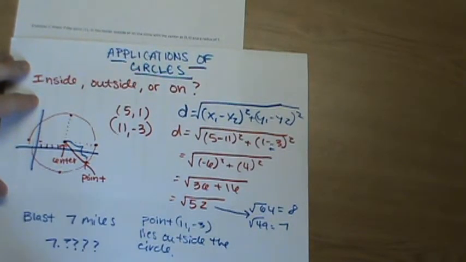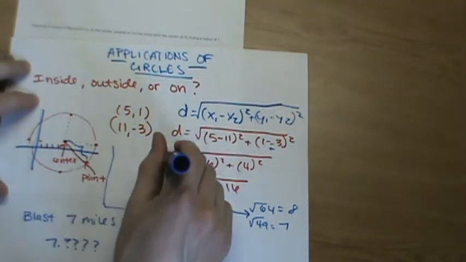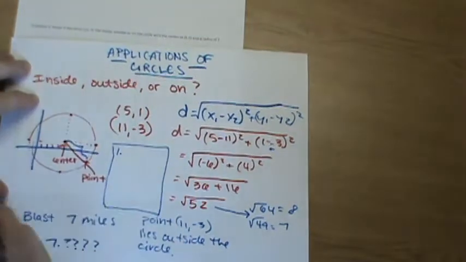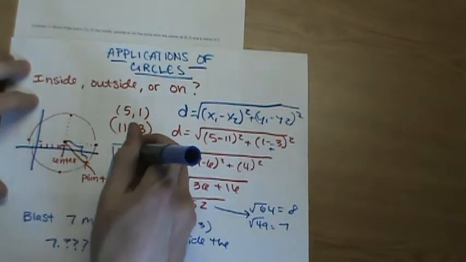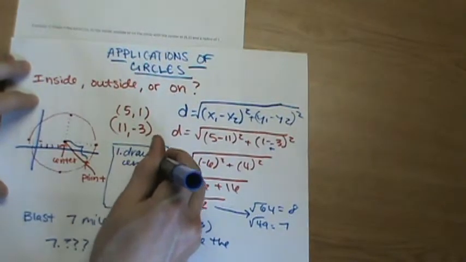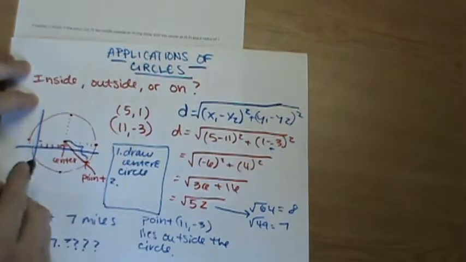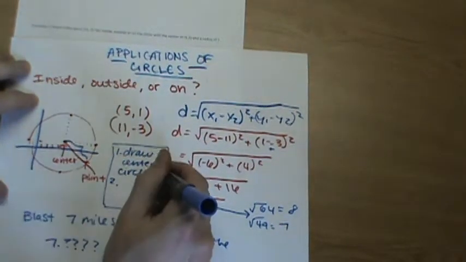What were our steps to do this? Let's write them out right in here. What were our steps? Number 1, we drew our center and our circle. So draw center and circle. That's right here. That's the picture. And we drew our point, didn't we?